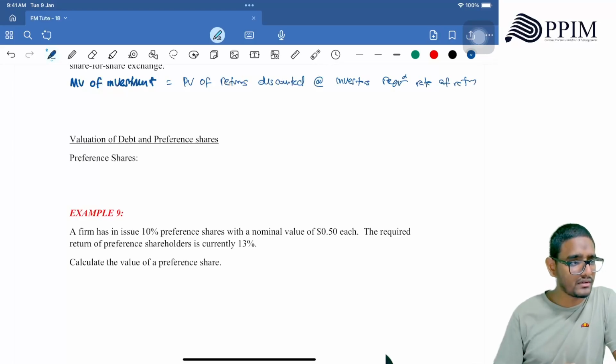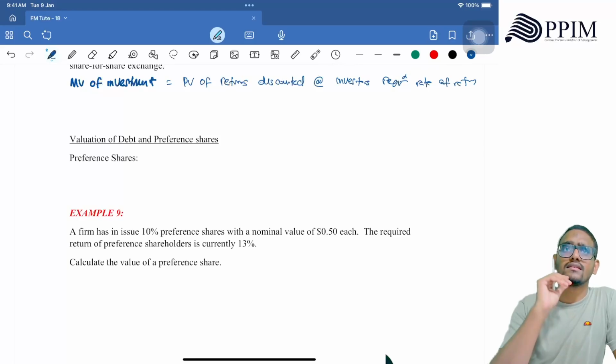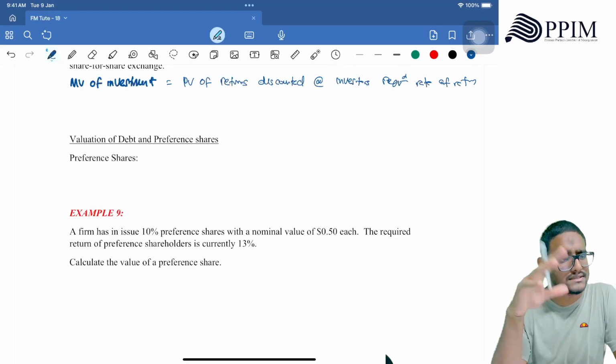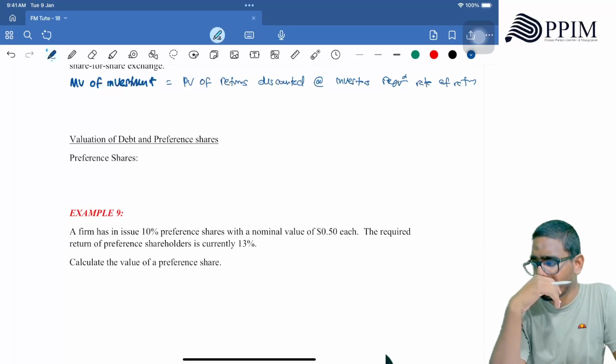I think we agreed to that, and this is something that we used as the basis for our chapter, cost of capital.